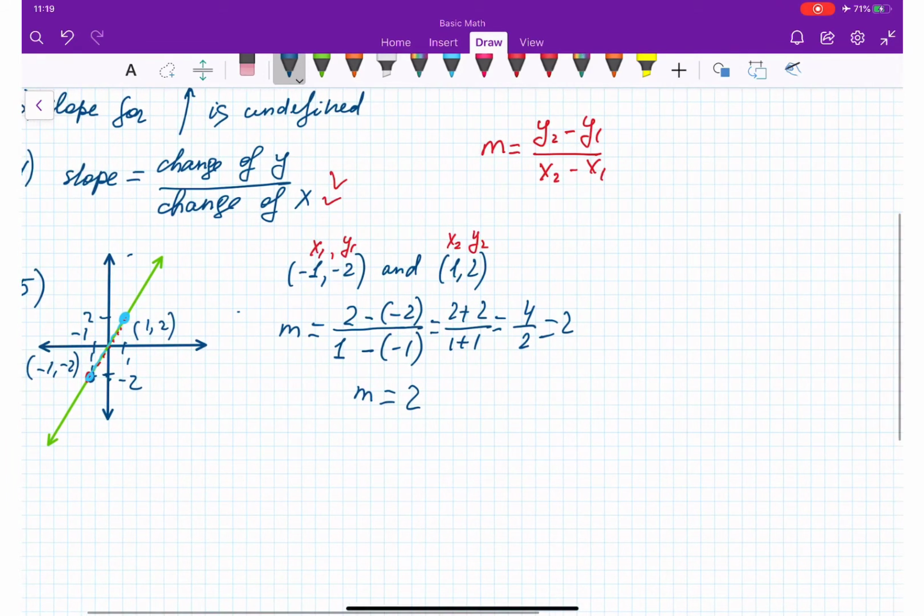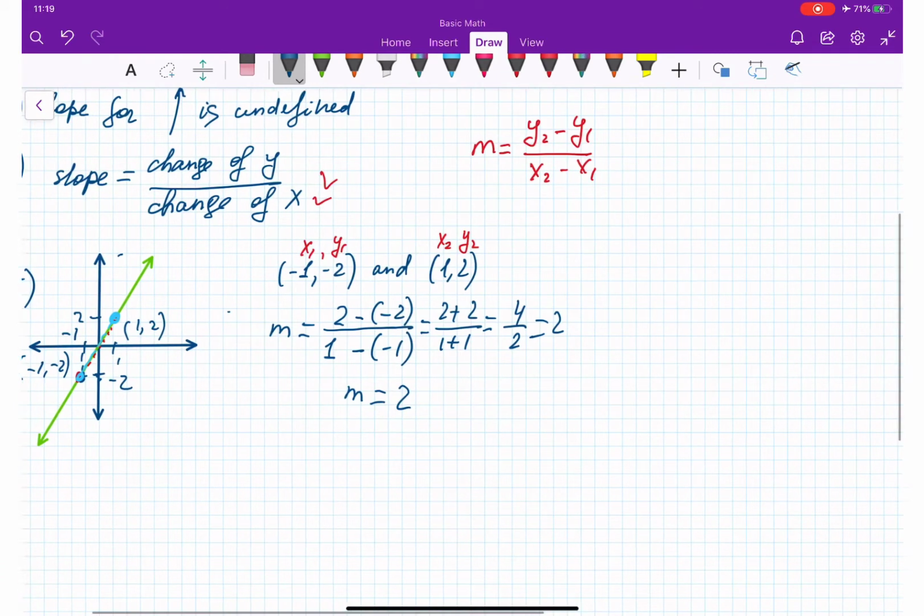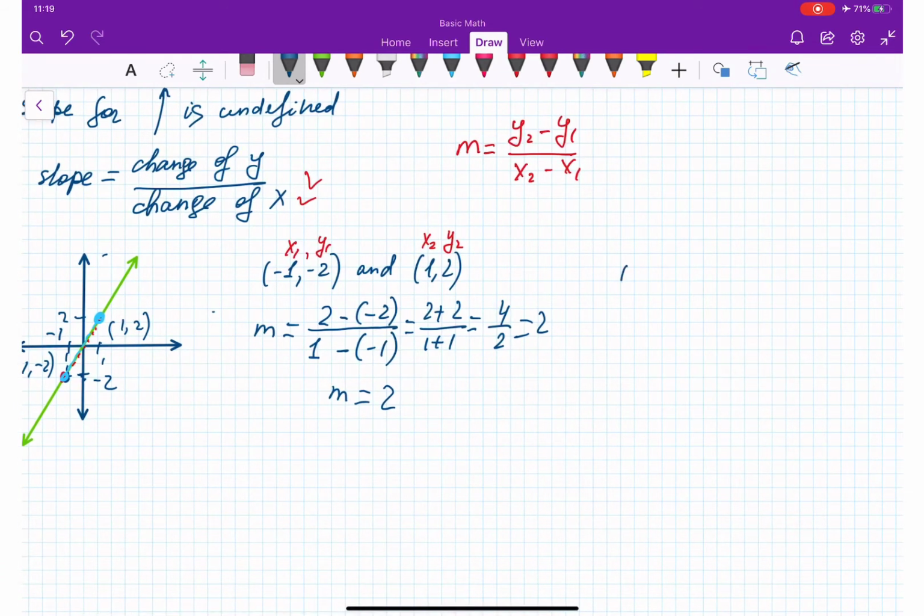Since I promised you to do vice versa also, let me do that. So we have 1 and 2 and -1, -2. This time we are going to have x1, y1, x2, y2.